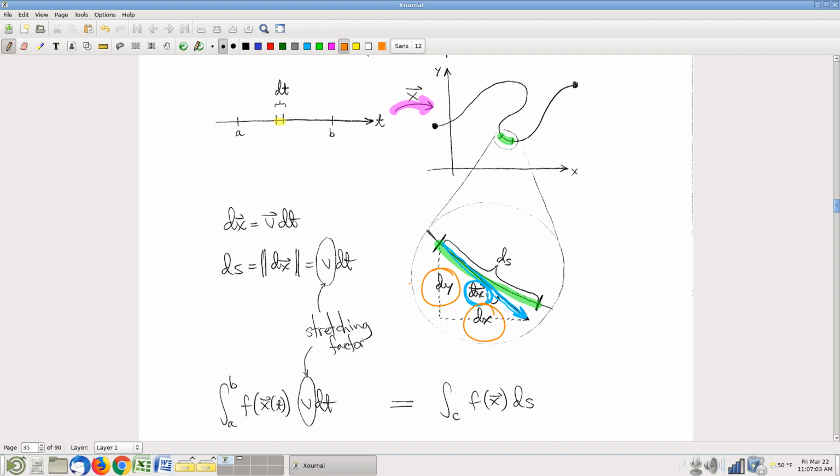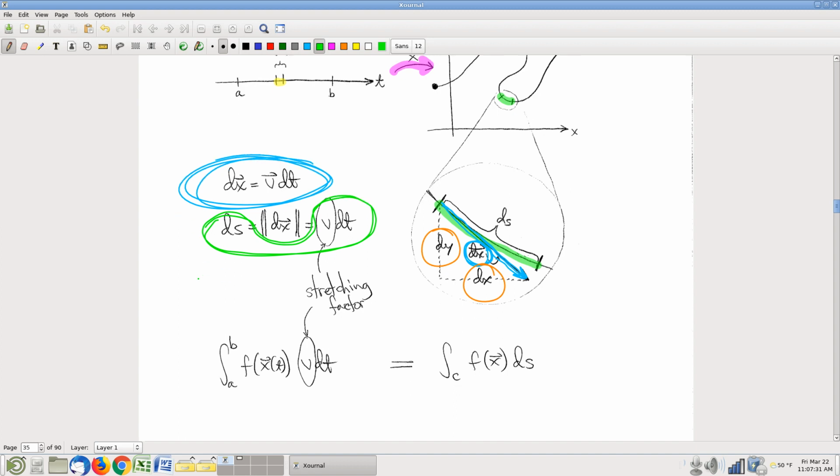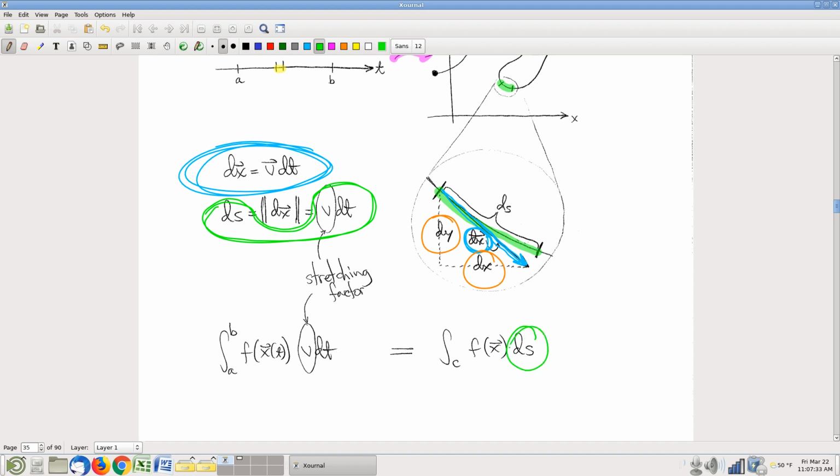Now, that's single variable calculus, and we wrote down formulas, and our punchline was that the dx vector is v dt, and the ds scalar, being its magnitude, is then the magnitude of the velocity. So that's speed times dt. And that gives us what we need to know in order to do the pullback.